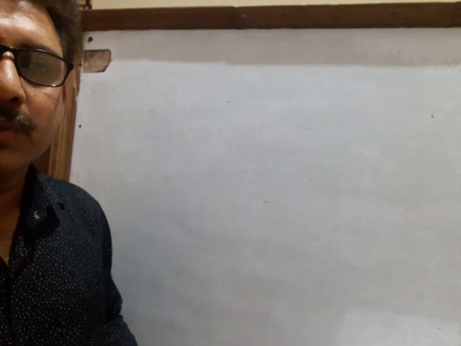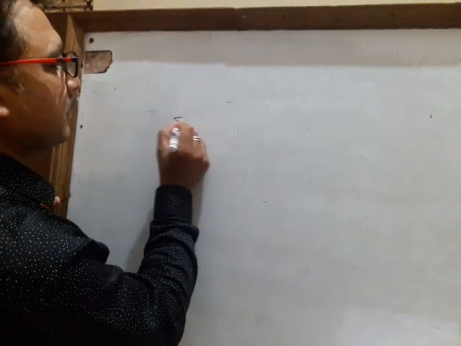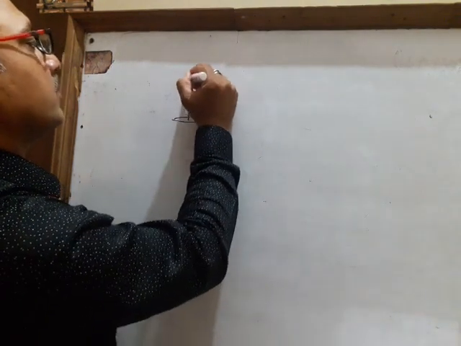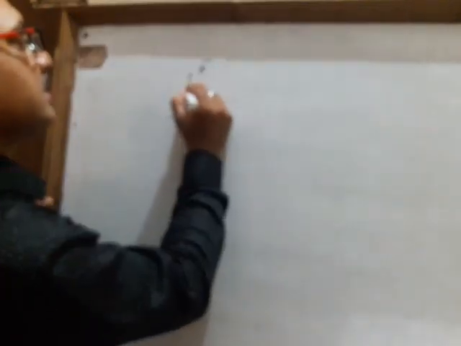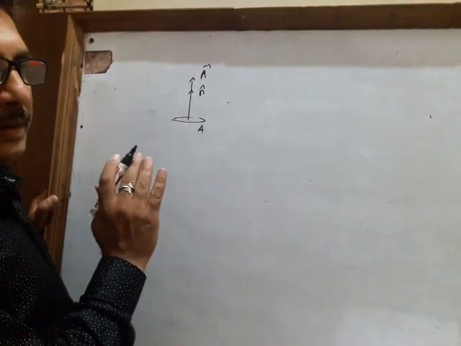What is meant by area vector? For the first time in this chapter, we are going to treat area as a vector. You can see, this is the area vector and its direction is given by the outward drawn normal n cap.